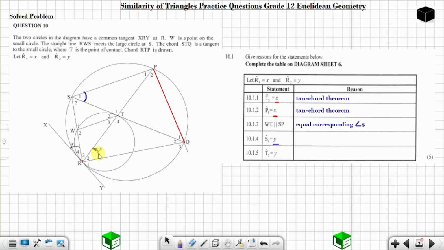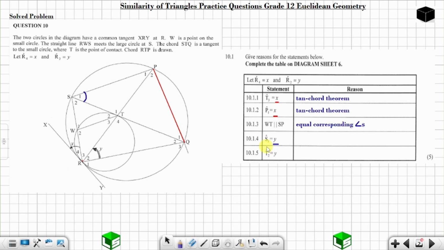PQ is subtending the angle y at the circumference, and this angle S1 is also subtended by the chord PQ. So this angle is equal to y as well because they are both subtended by the same chord or the same arc.